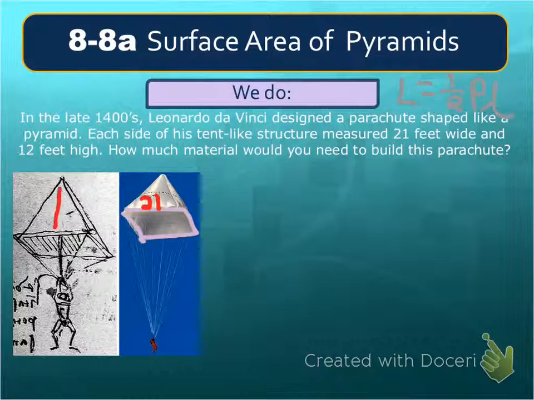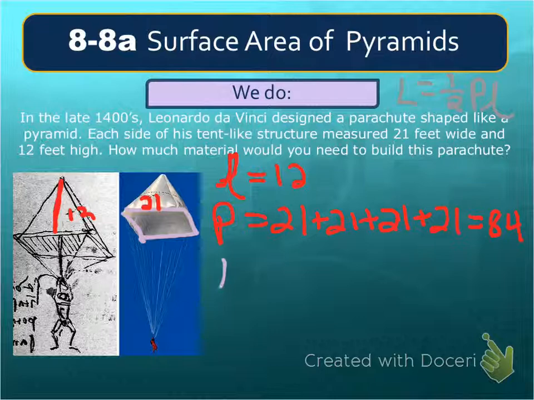So this right here is going to be 12, that's actually going to be the slant height. So now we just got to find the perimeter. The perimeter of the base is going to be this 21, 4 times because it's a square. So you got 21 plus 21 plus 21 plus 21, which is going to give you 84.